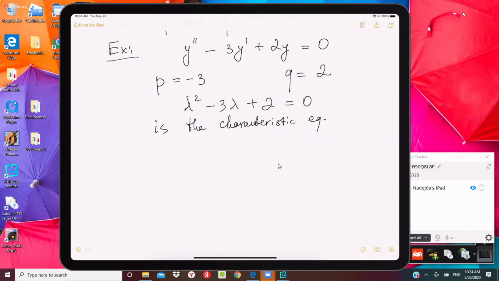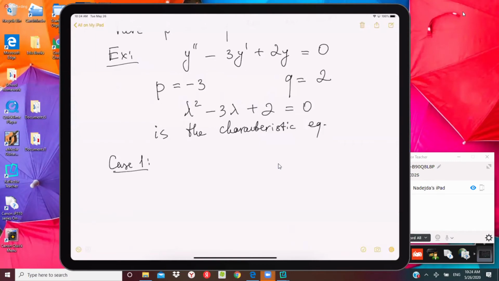Quadratic. This is a quadratic equation. So there could be 2 real solutions, there could be 1 repeated solution, or there could be complex solutions, right? So there are 3 possible cases here. So let us write down case 1.